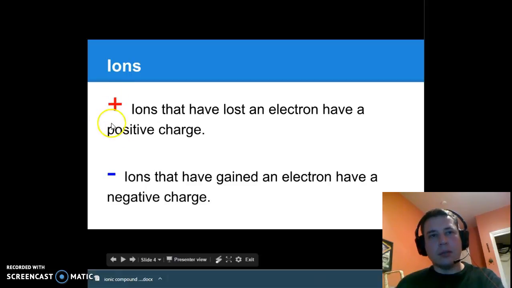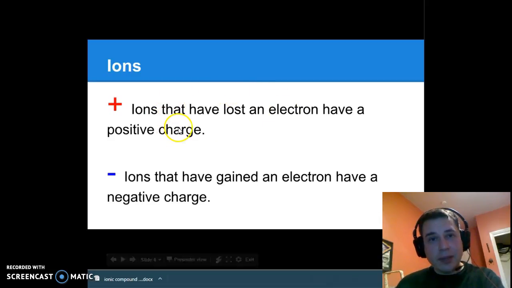All right, so how do we make a positive ion? Ions that have lost an electron get a positive charge. Take a moment to think about that. It's kind of the opposite of what you might expect, but as you should see, because you're subtracting, you're losing an electron, and it makes the charge positive. That's because there's more protons than electrons now.